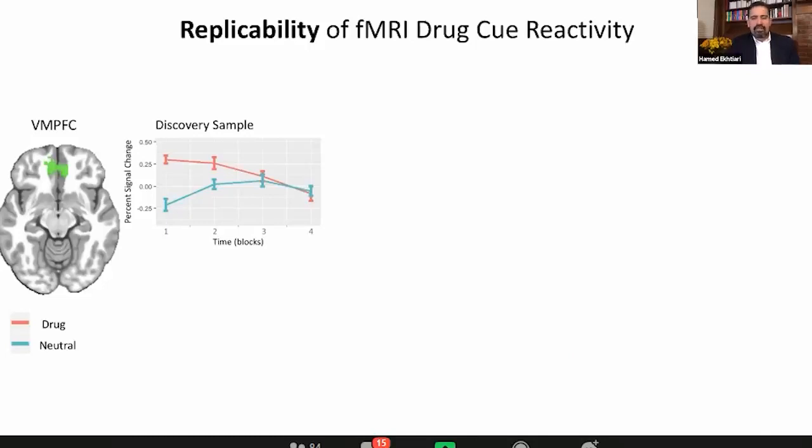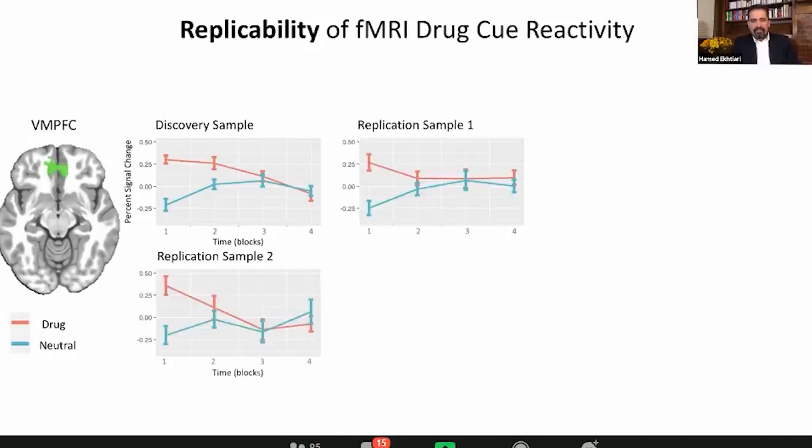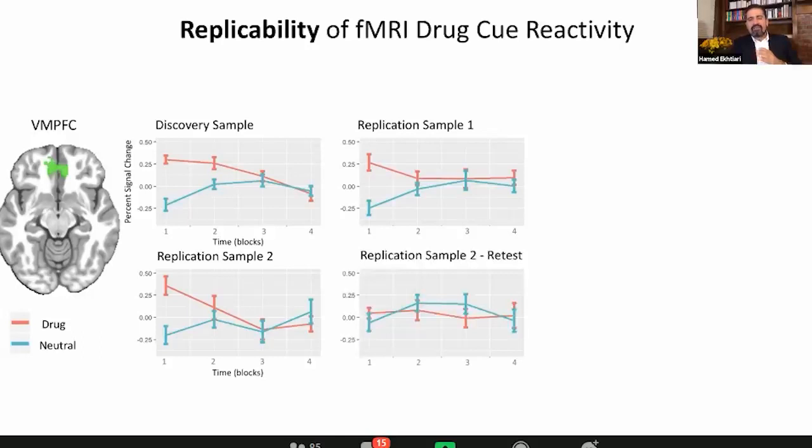The other area that is critically important for us in future would be how we can replicate the results that we have in different countries around the world. So when we have a discovery sample of, let's say, having this specific pattern of activation within ventromedial prefrontal cortex, if we have another replication sample, could we have the same pattern of activation? And if we go for the second replication sample, and even the question would be, if we do the same exposure within the same database, within the same group of participants, and have replication being retested, do we have the same activation?